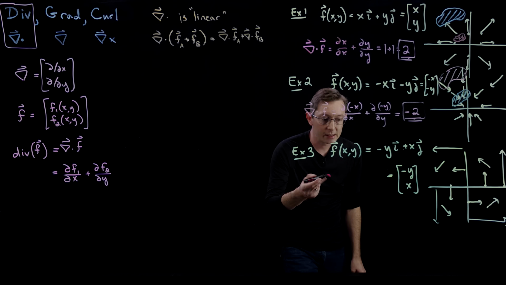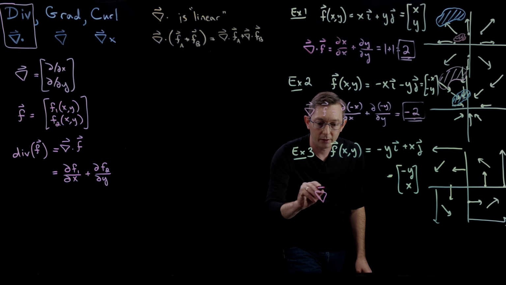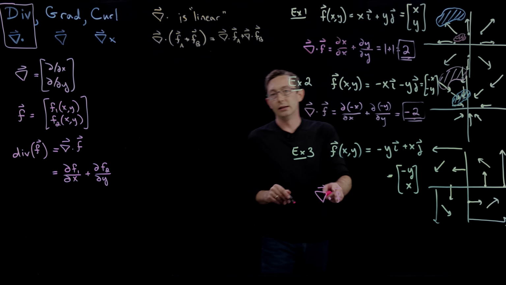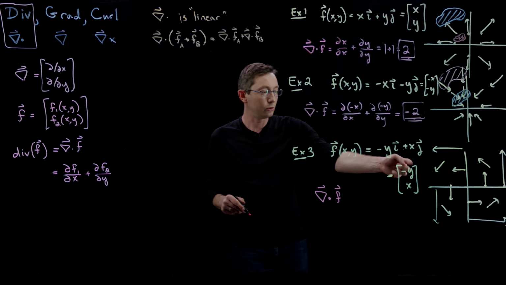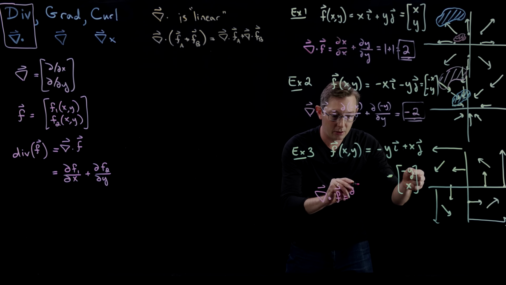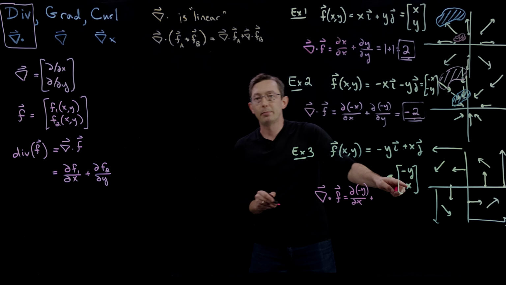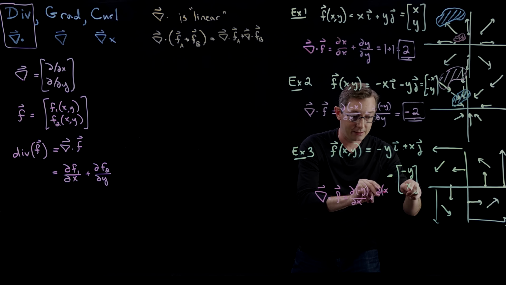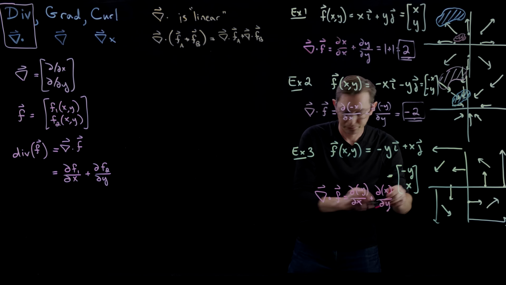Okay, so the divergence of F is equal to partial f1 partial x, so that is partial of -y with respect to x, plus partial f2, which is x, with respect to y.